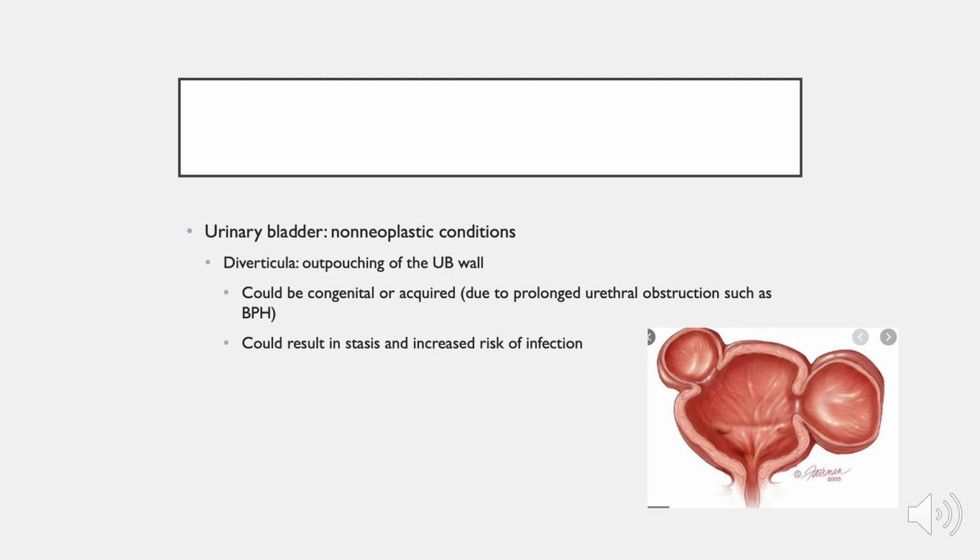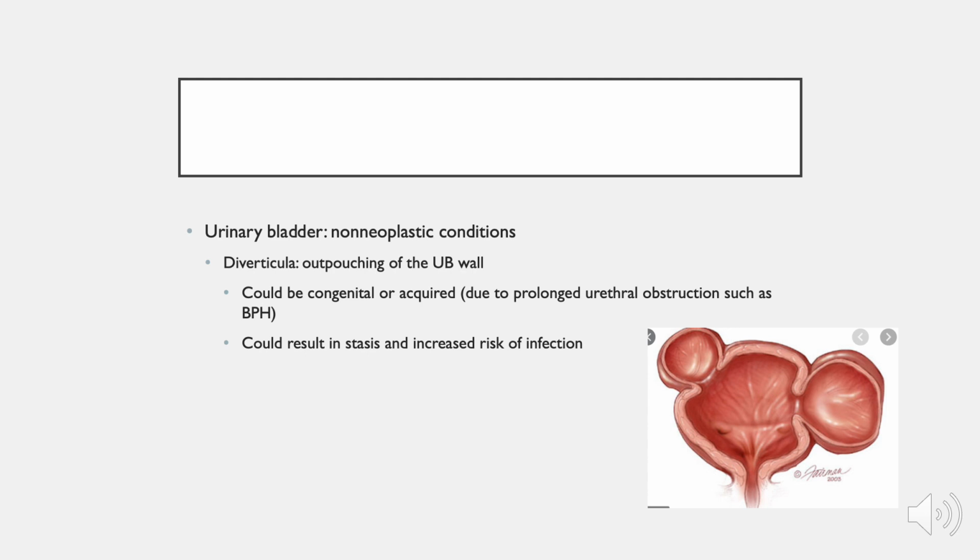Let's discuss a few slides regarding non-neoplastic conditions of the urinary bladder. One common condition is diverticula. Diverticula is the plural for diverticulum, which basically is an outpouching of the urinary bladder wall. This could be congenital or acquired.